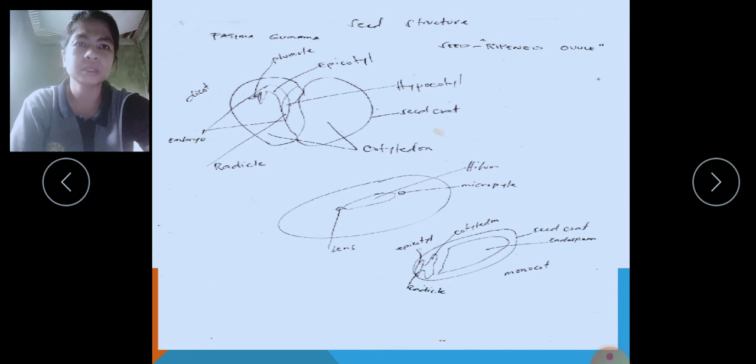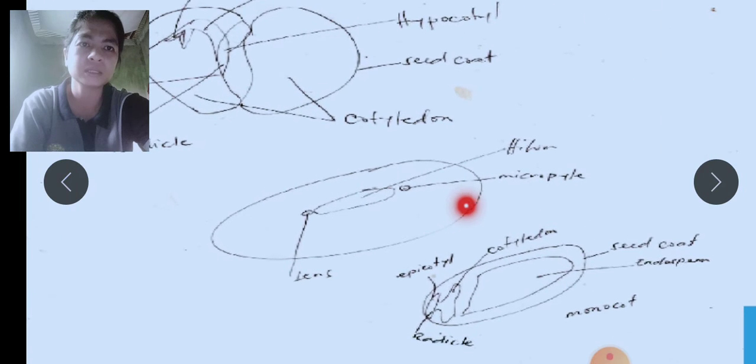So, the external parts of the seed, aside from the seed coat, are several external structures: the seed coat, lens, hilum, and micropyle. The seed coat provides protection for the seed, and then the lens is where the initial uptake of water takes place.